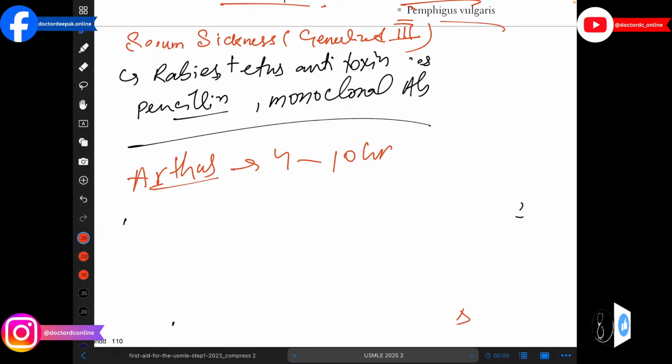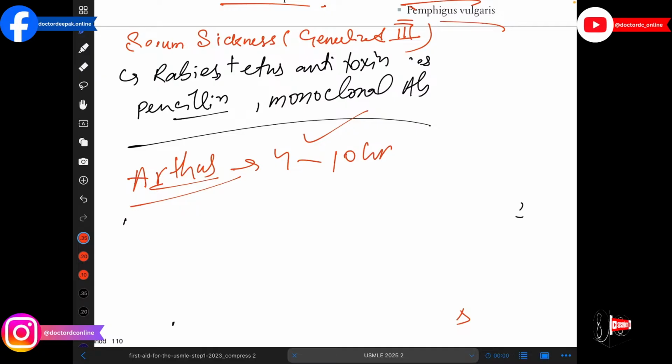You can differentiate localized type 3 from type 1 by time. Arthus occurs after 4 to 10 hours, with complement activation, edema, and necrosis.